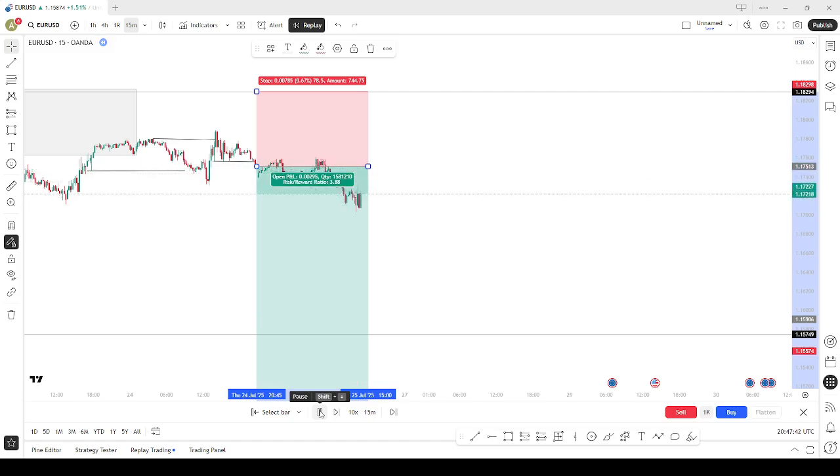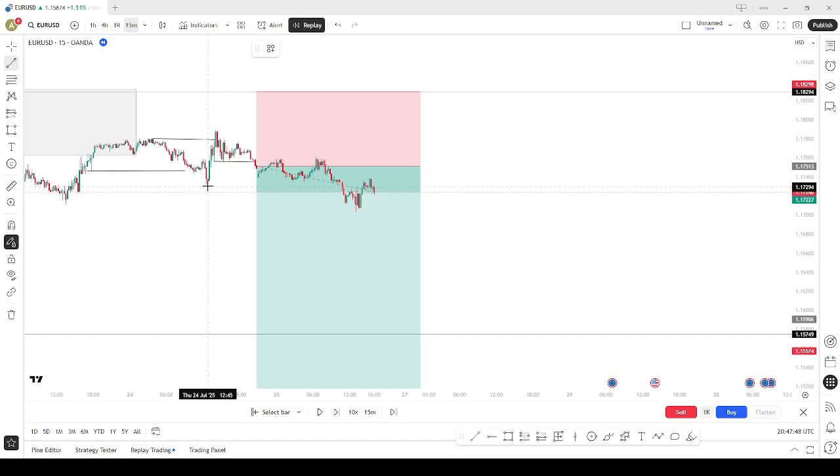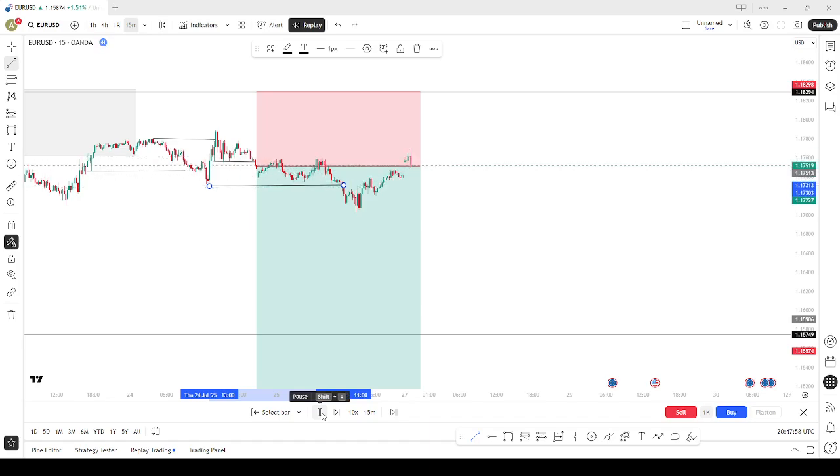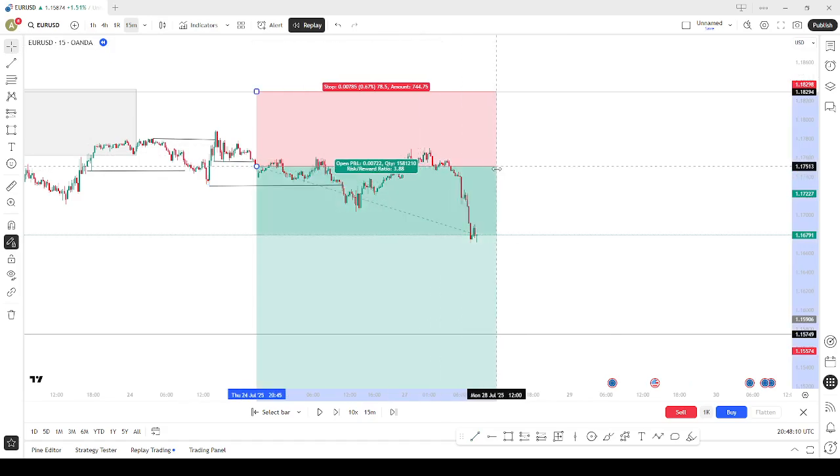I think price played around this level, but it again came back. It now created a new structure. You get it? What people normally forget is that whenever price breaks structure, it has to come back and retrace.